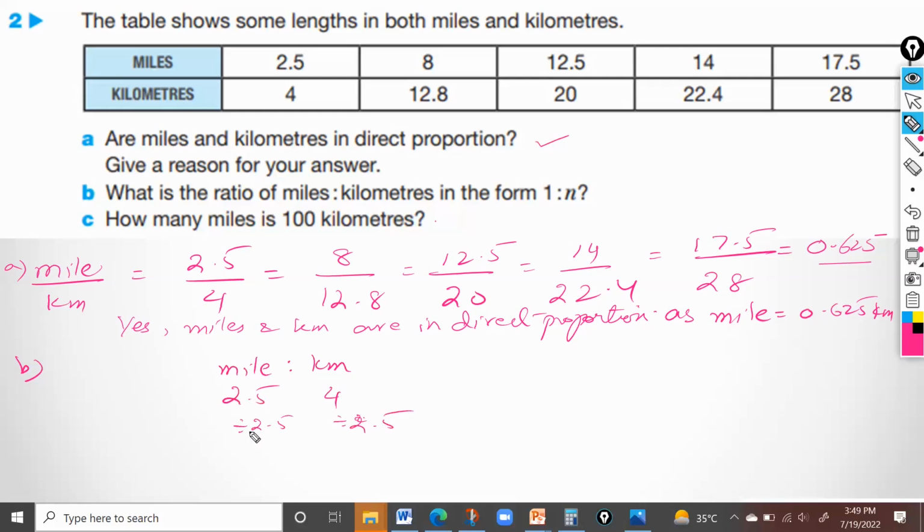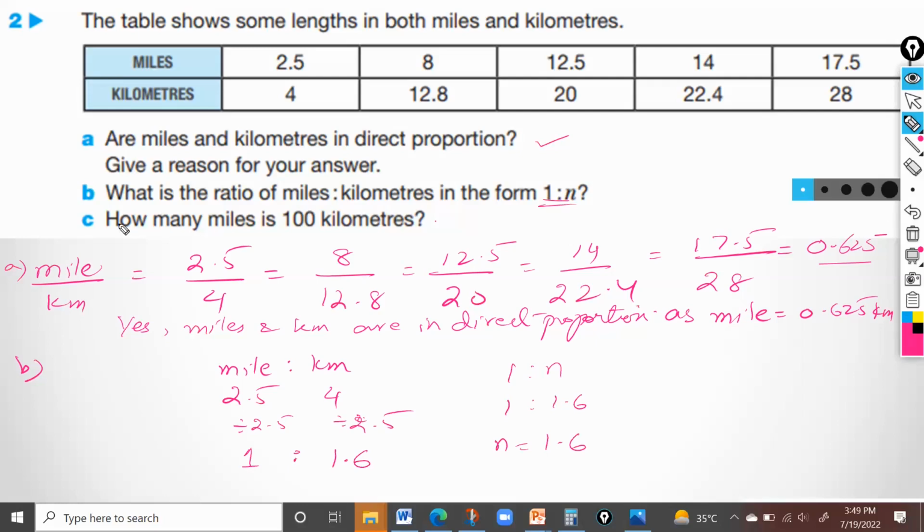So 2.5 divided by 2.5, we get 1. And 4 divided by 2.5, we get 1.6. So in the form of 1 ratio n, we write 1 ratio 1.6. Means n is equal to 1.6, right? So you got the answer.